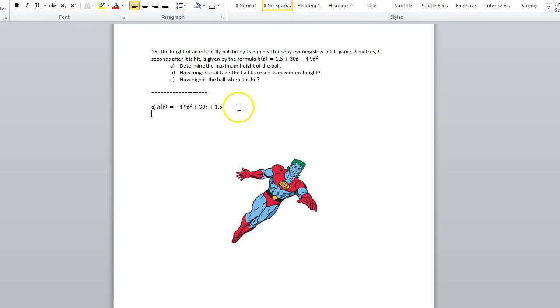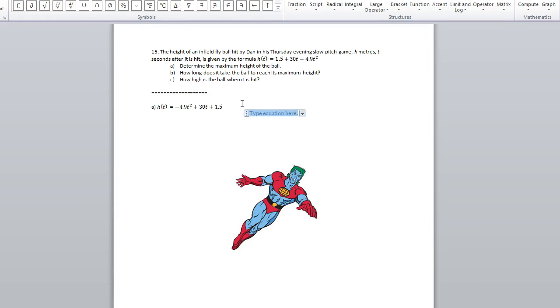Okay, so next what we're going to do here is get that negative 4.9 away from the t squared. So to do that, h of t equals negative 4.9 bracket t squared, and then I have plus 30t. I've got to factor out negative 4.9 from 30, so we're going to divide that.